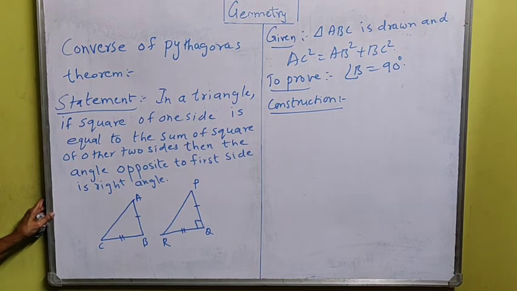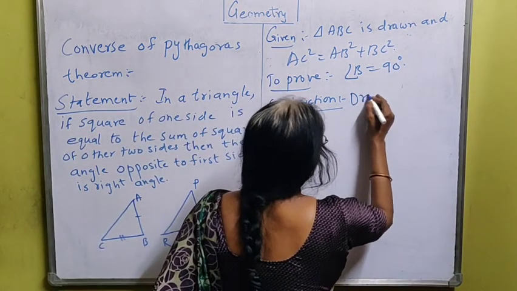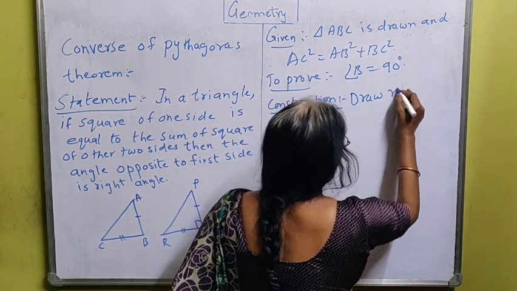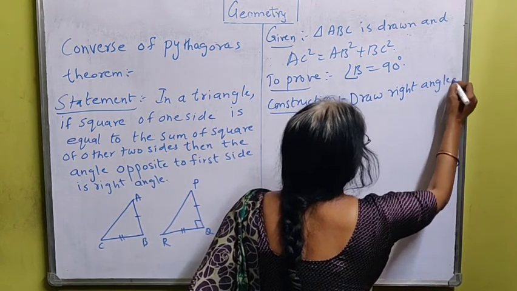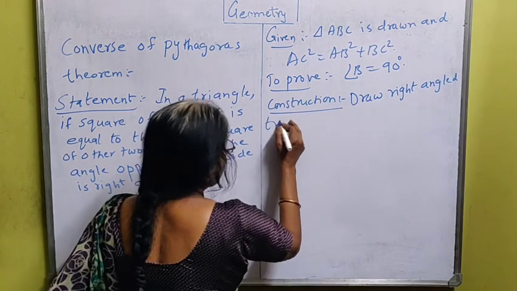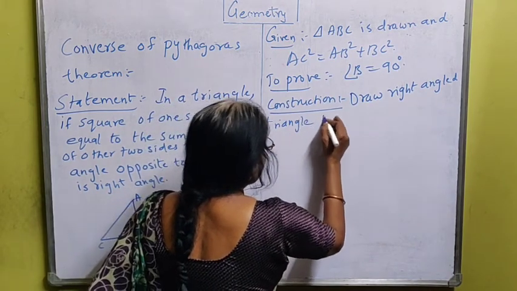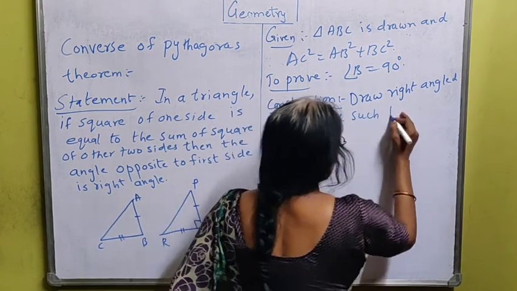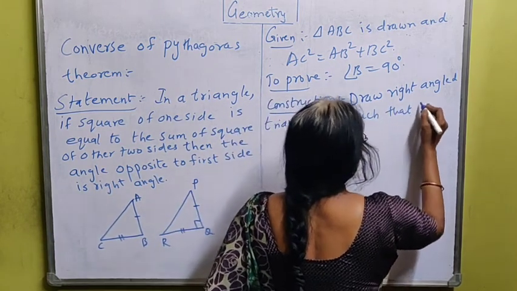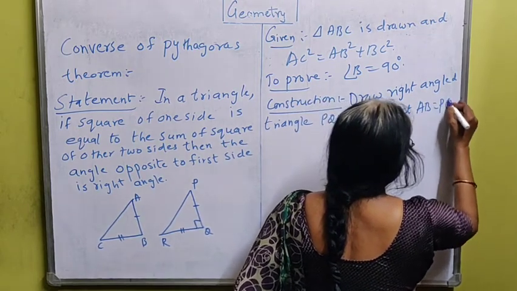So what is the construction? Draw a right angled triangle PQR such that AB is equal to PQ.